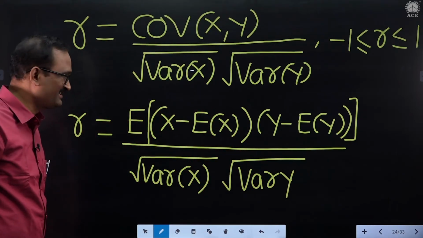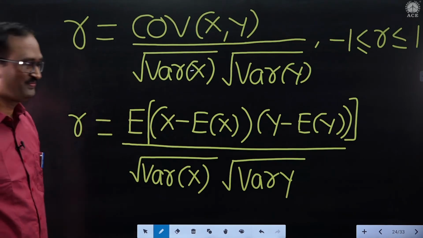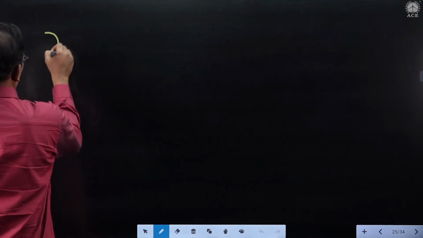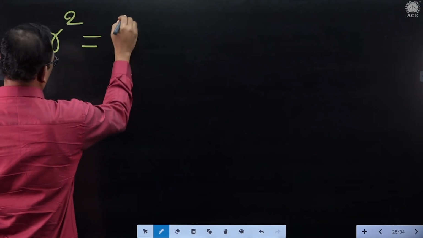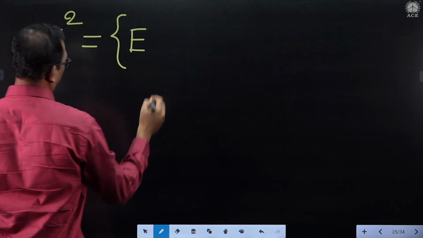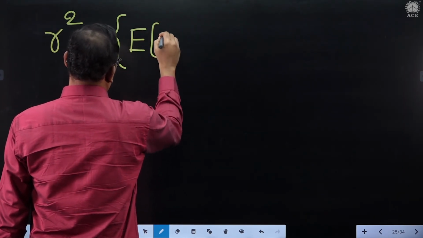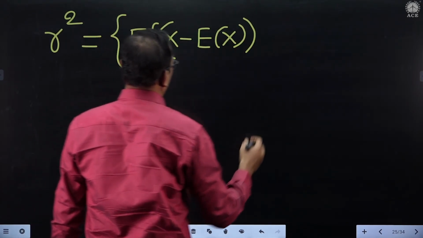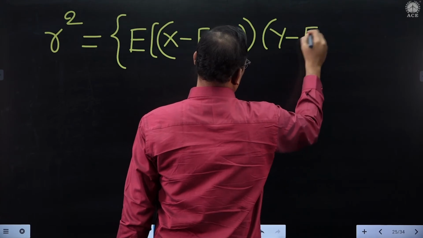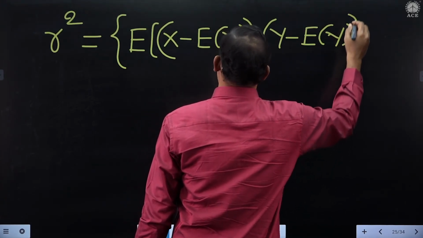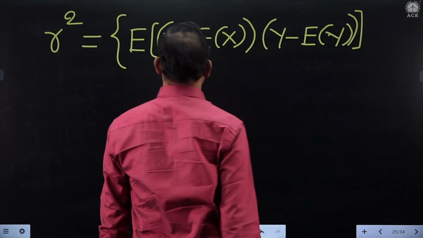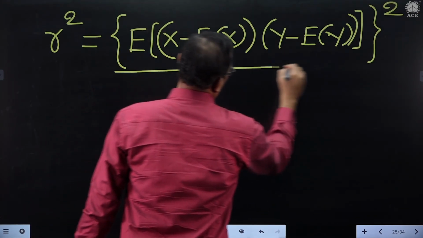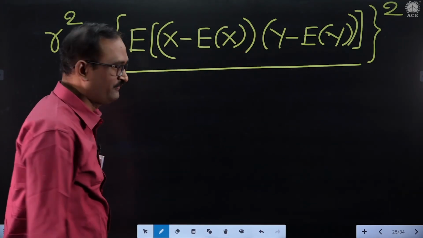Squaring both sides, R square is equal to expected value of (x minus expected value of x)(y minus expected value of y), whole square, and the denominator becomes variance of x into variance of y.